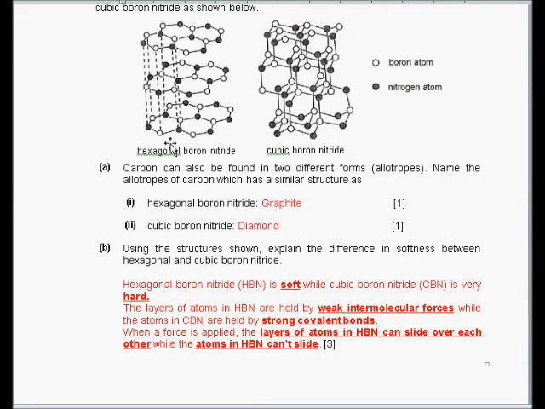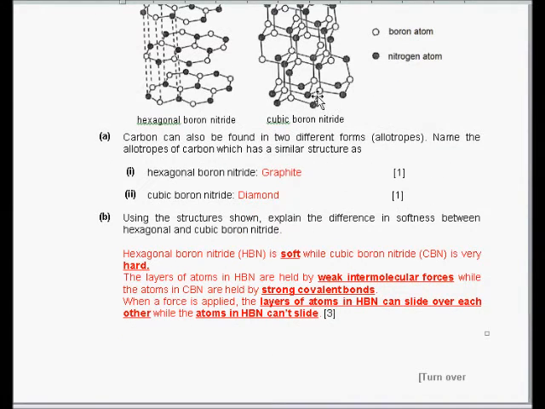This entire thing is a molecule, and likewise for cubic boron nitride, the entire thing is a molecule. And all these atoms are held by strong covalent bonds. So when a force is applied, the layers of atoms in HBN can slide over each other, just like in the case of graphite. And the atoms in cubic boron nitride cannot slide, because they are held by strong covalent bonds.